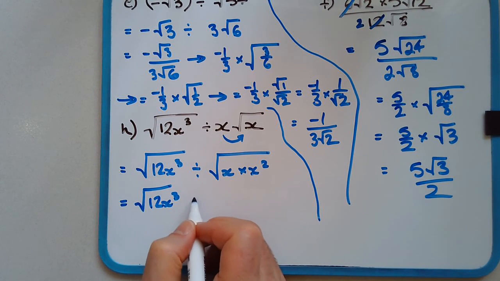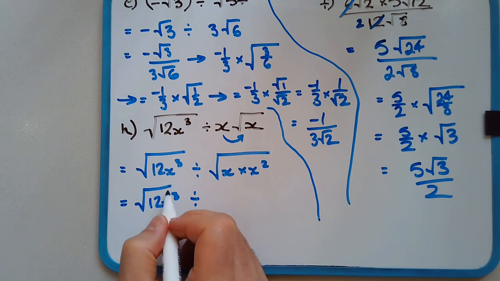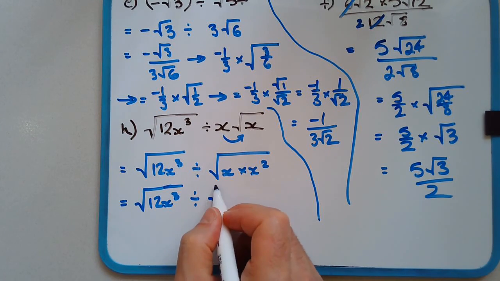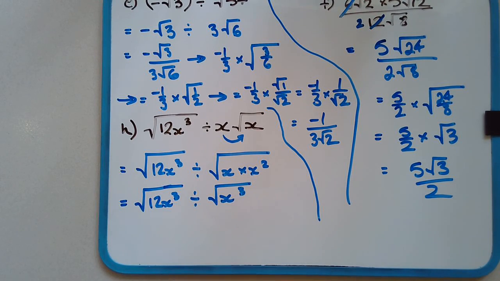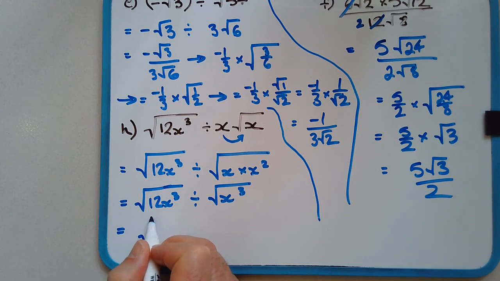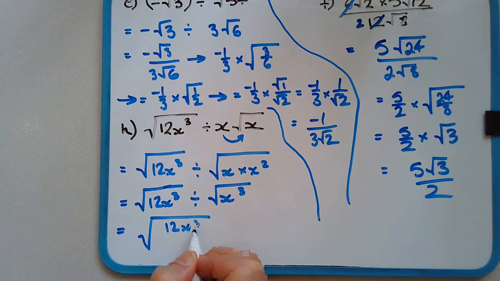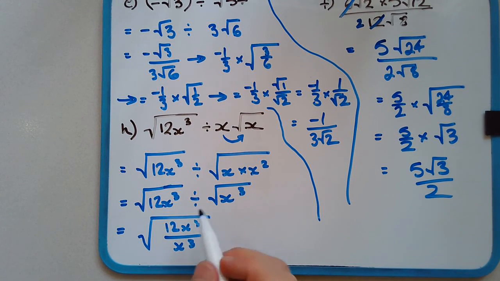That's the square root of 12x cubed divided by square root of x cubed. We can express this as a single surd, so that's 12x cubed over x cubed. And the x cubes from numerator and denominator will cancel.